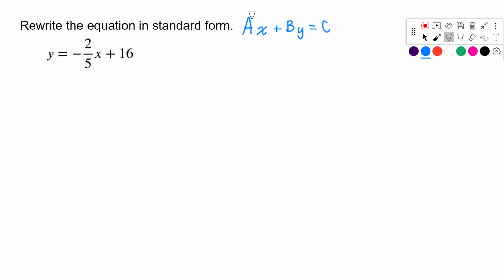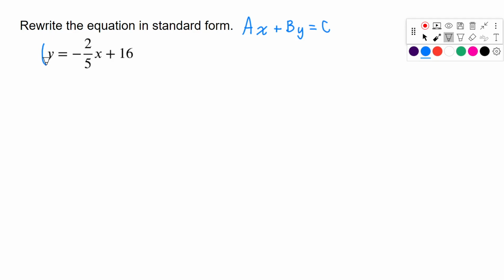A is also positive. So the first thing I would recommend doing, especially if your slope and or your y-intercept are fractions, is multiply every single term by the common denominator of all the terms. In this case, because we only have one fraction, our common denominator is going to be 5.